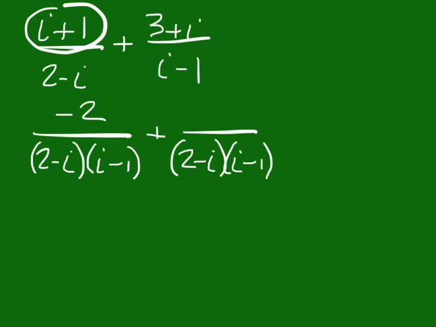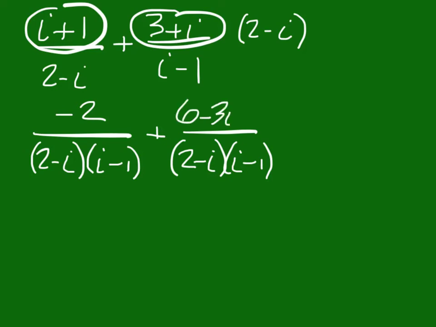On the other side, we have to multiply this one by 2 minus i. So when we do that, we come up with 6 minus 3i plus 2i, and then we have minus i squared. Alright, so let's simplify the denominators before we go to the next step.